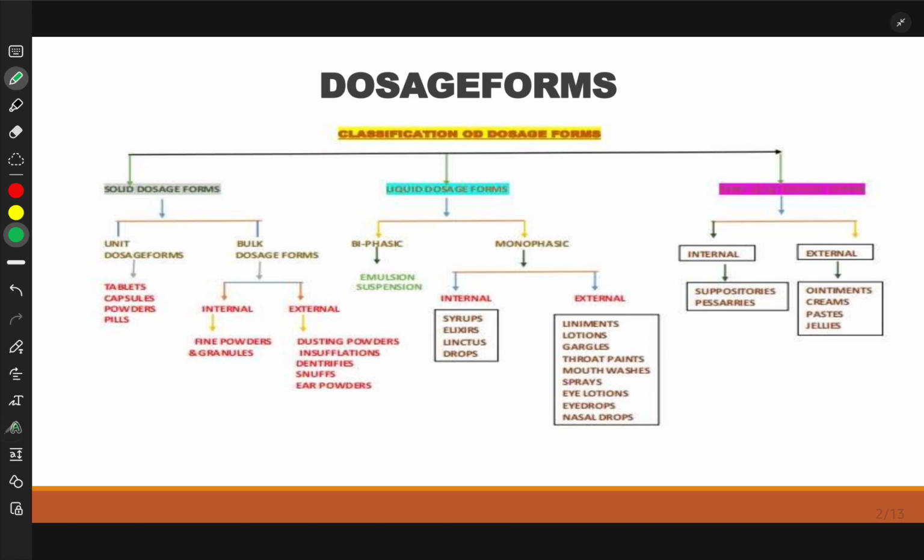Successfully we have completed the dosage forms. I think you will now have complete clarity about the types of dosage forms, and we have covered almost all the areas which are very important for GPAT. Write running notes for this topic so that you know the complete picture of the dosage forms.